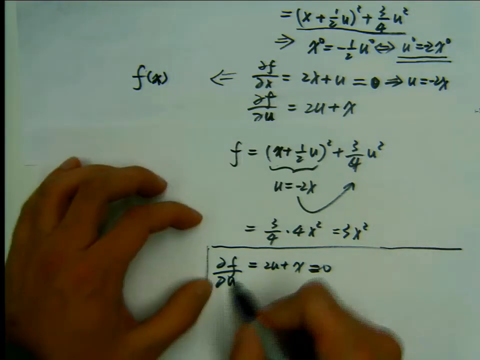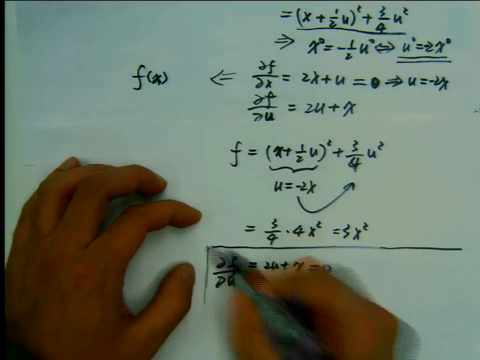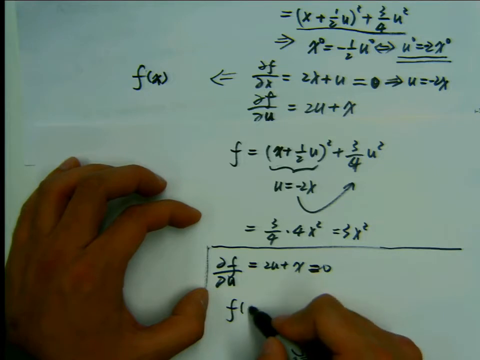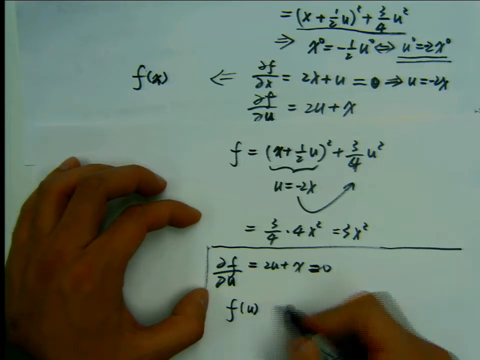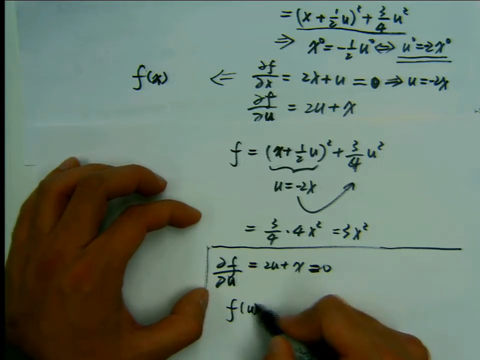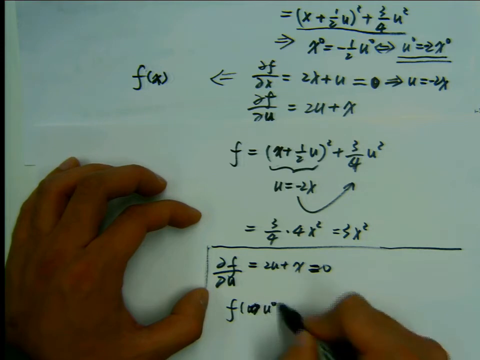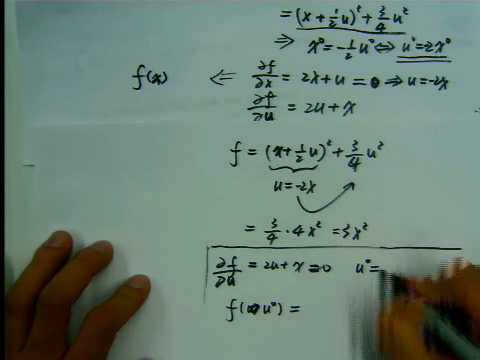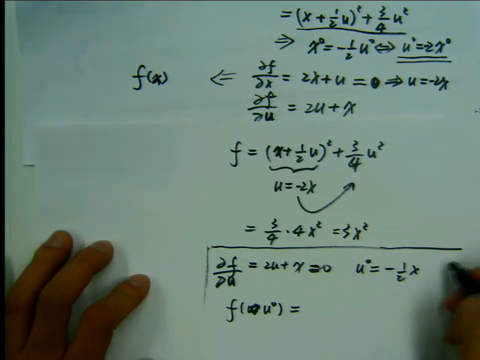So indeed, if I do this, I'm regarding U as the thing inside. So in the end, I'm going to have f(u) equal to something, f(u optimal) equal to something. Let's see. I got x, then put it inside.